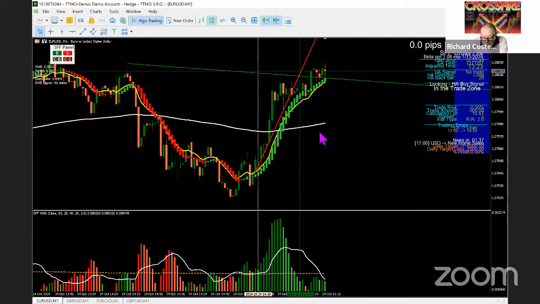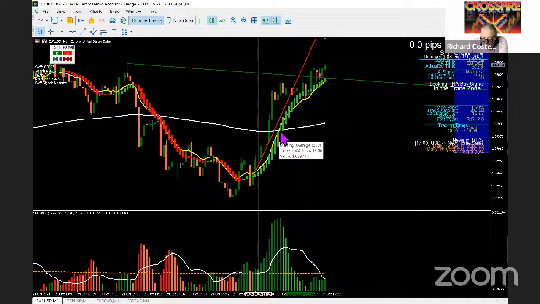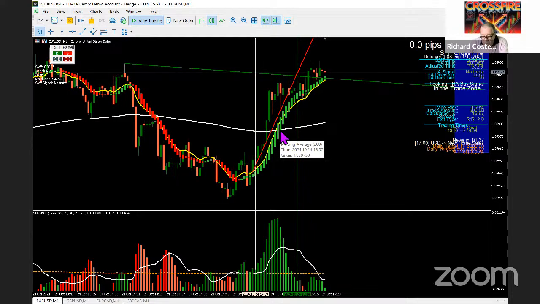The third thing it looks for is a recent MA crossover. Now the crossover occurred there. If I put it on the candle, that was 15:07, so that's 17 candles ago.